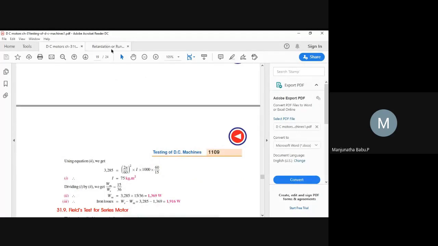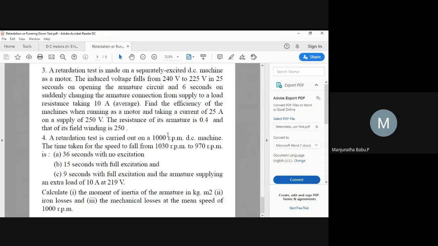So now substitute that value in case of stray loss. So Ws, that is equation 2, what we have written, Ws is equal to (2 pi by 60) whole square into I into N into dN by dt. dN is 60, dt is 15 seconds.